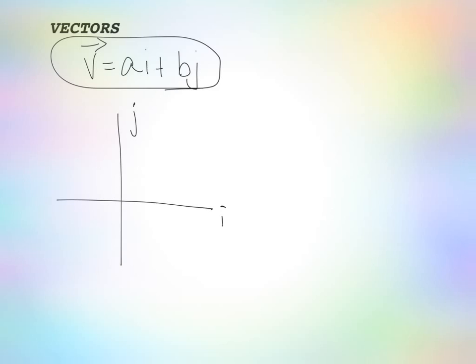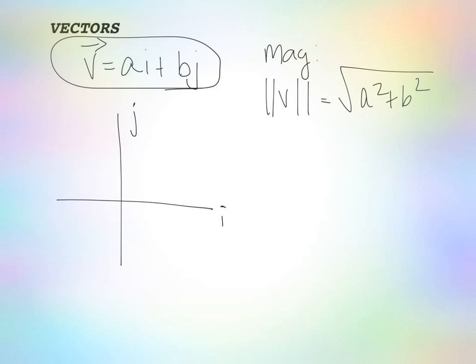First and foremost, you want the magnitude, which you denote as |v| equals the square root of a squared plus b squared. So if you have a vector equals, say, 3i plus 4j, that's 3 over here, that's 4 up here.